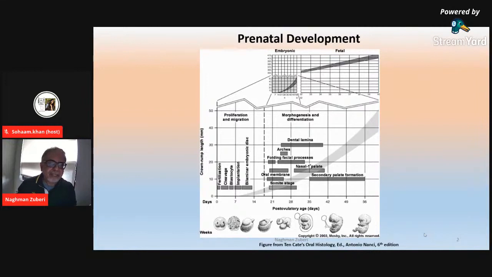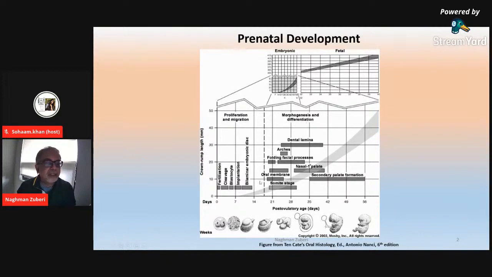Prenatal development. We divide it into two parts, the embryonic development and then the fetal development. In the embryonic development, firstly, fertilization occurs, and then there is cleavage formation, blastocysts form, then implantation, and then the bilaminar embryonic disc appears. After the first 2 weeks, it will be the morphogenesis and differentiation phase.